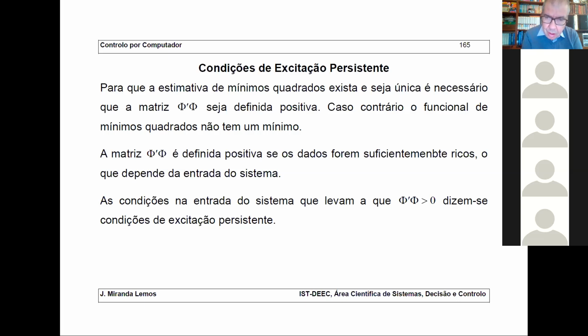Because there will be rows in phi that will be equal, and we end up with a matrix that cannot be inverted. I mean, you can think of the conditioning of the matrices. Their determinant can be close to 0, so it's difficult in practice to invert a matrix.